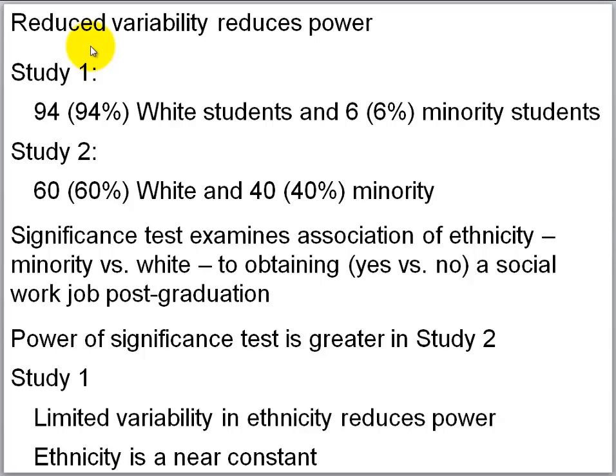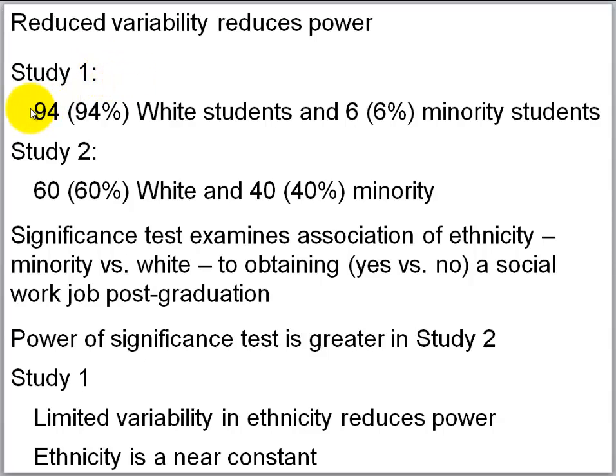Let's say we've got 100 students in our samples, and that what we're doing is, say, a follow-up study of graduates, looking to see whether they obtain a social work job, yes or no, say 3 years subsequent to graduation.